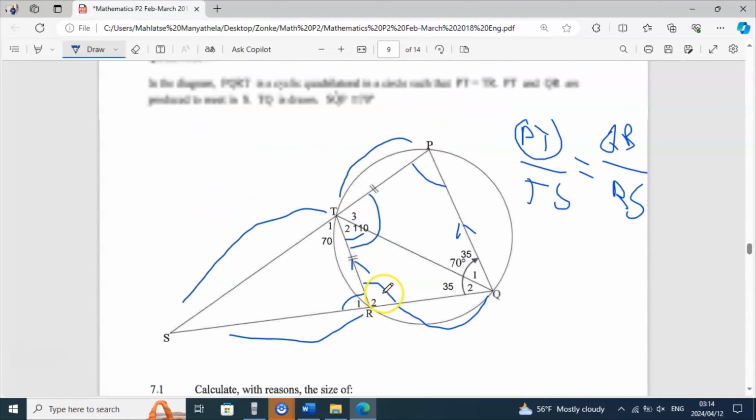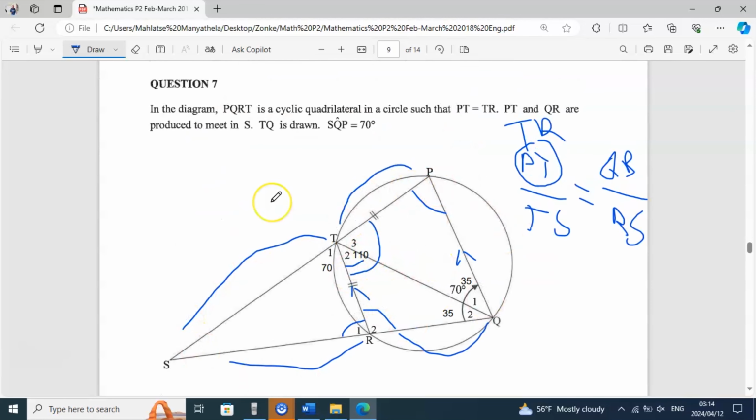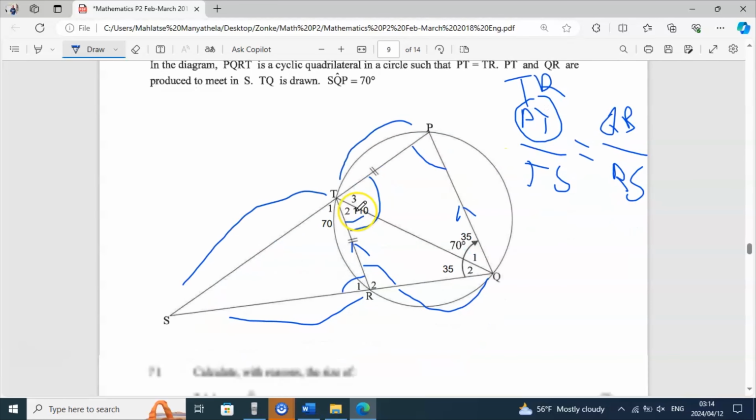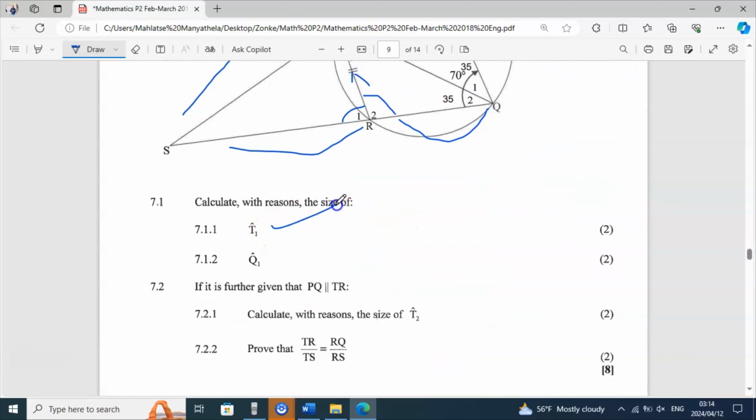You will find out that whatever you wrote on the diagram provided is there in the questions that you are asked. If it's not there, some of the questions will just be an addition. So you take this one, 7.2, as additional information.